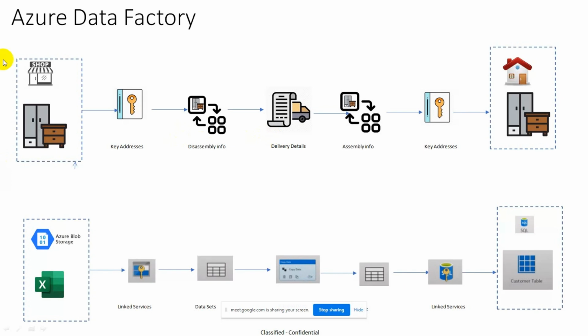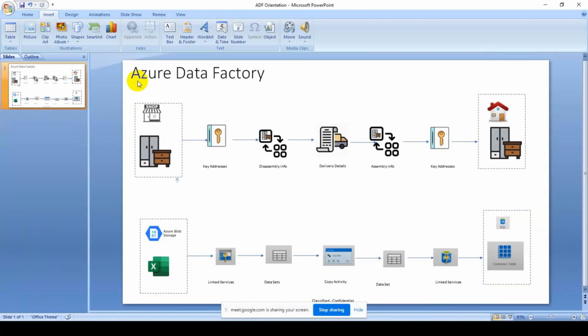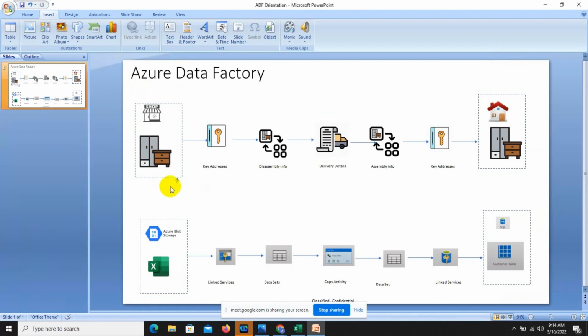I will tell you why I'm giving you this example: I just want to give you the knowledge in simple layman terms, so you can correlate with it. So when we are creating the Azure Data Factory, this furniture is nothing but data, data in the form of Excel.